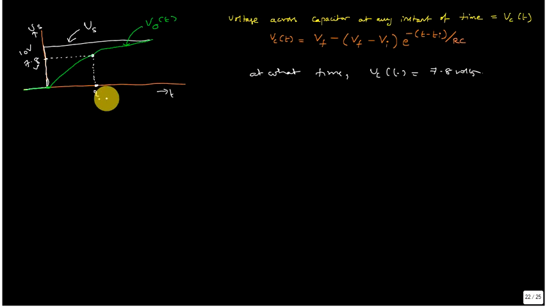How much is the time, where the capacitor voltage is equal to 7.8 volts? Again we are going for this equation. This is an important equation, voltage across capacitor at any instant of time. From this you can calculate two things.